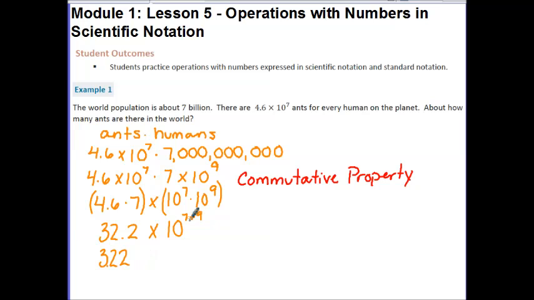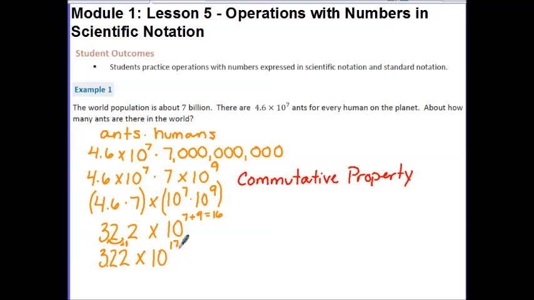We know that 7 plus 9 is going to give us 16, but notice I also had to move this over 1. So if it helps here, let's just write a little 16 here. And then I had to add 1 to the exponent because I had to move it over 1 place. So 3.22 is going to be my number out in front. And then instead of 16, we're going to go with a 17 because I moved it over once.